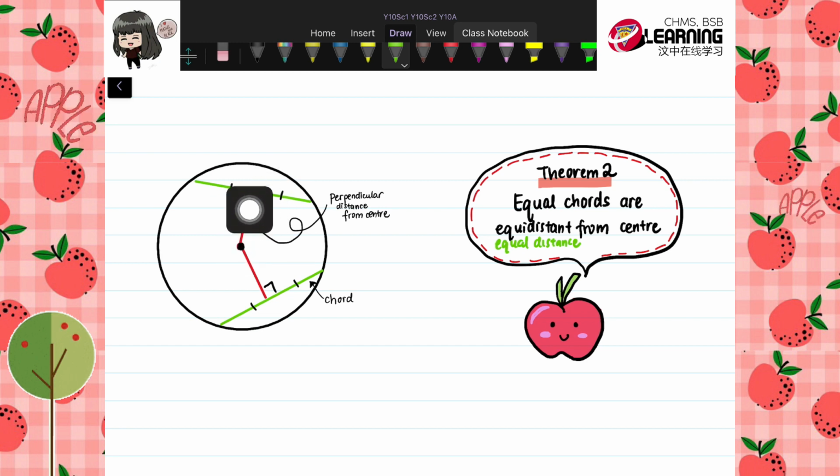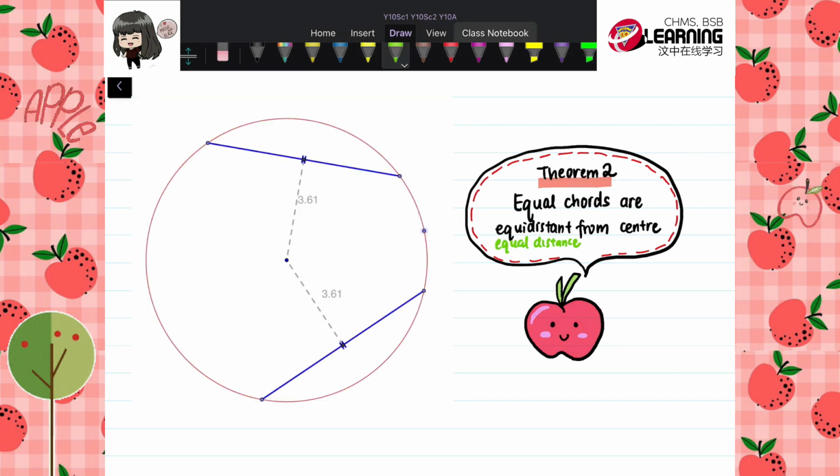This distance and this distance will also be the same. Now look at this. This chord and this chord are the same length. If they are the same length, then this is a perpendicular distance, a 90-degree perpendicular, and this perpendicular distance is the same. You see this 3.61.